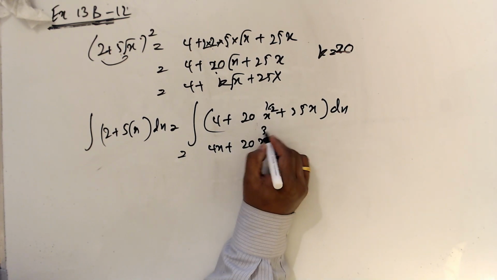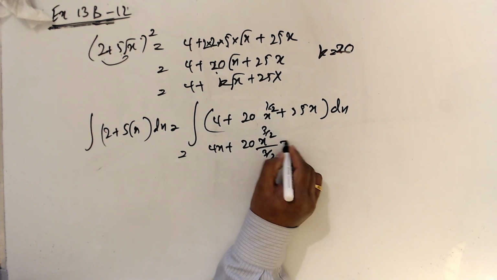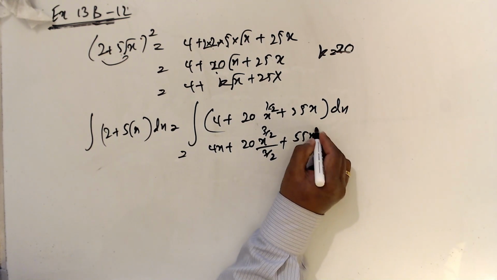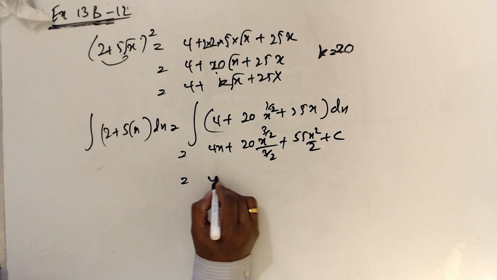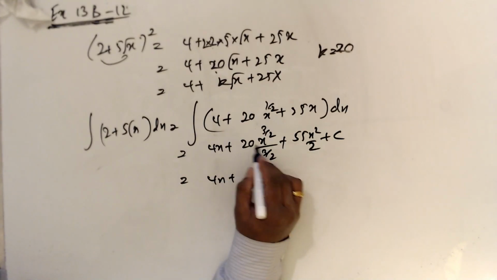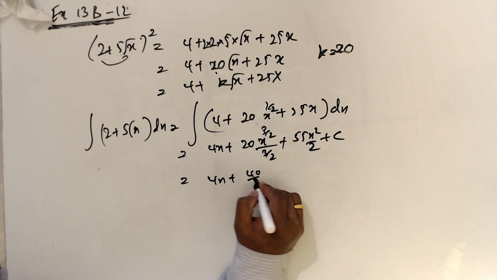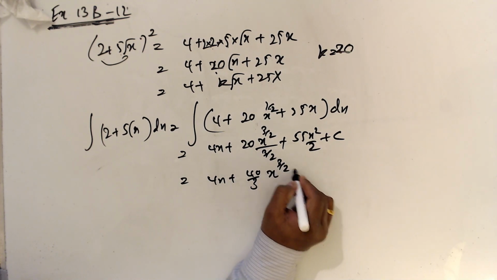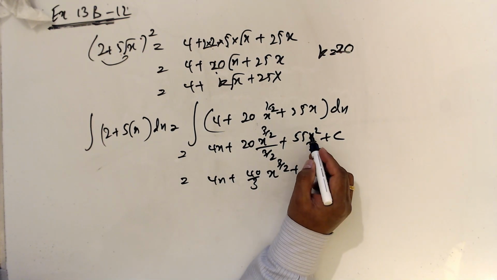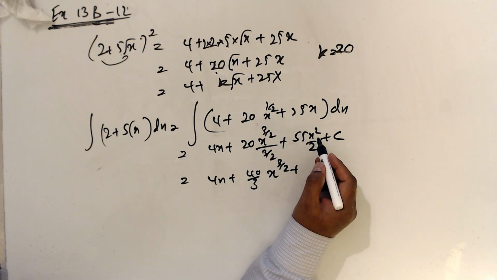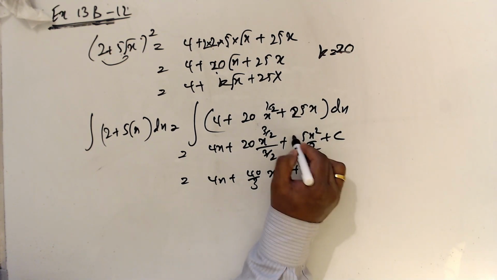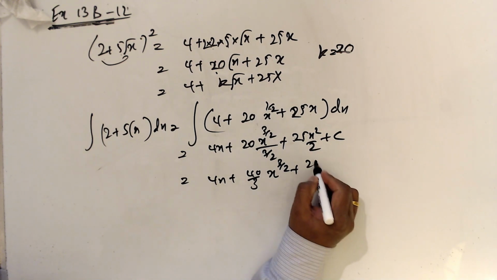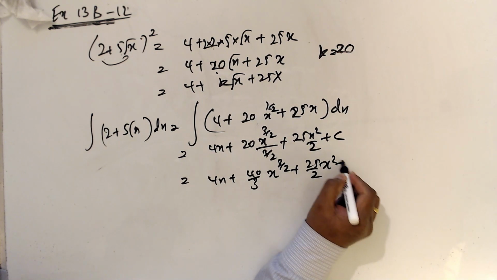So 3 over 2 over 3 over 2 plus 25 x square over 2 plus c. So 4x, this is going to be 2 times 20, 40 over 3 x 3 over 2. This is 25 over 2 times x square plus c.